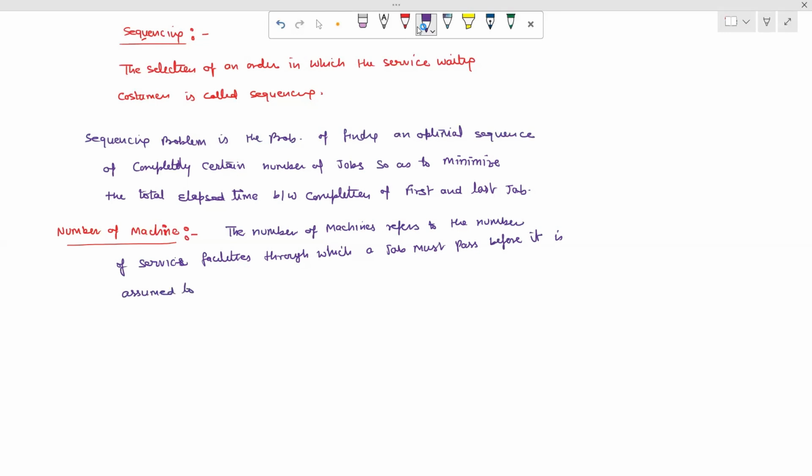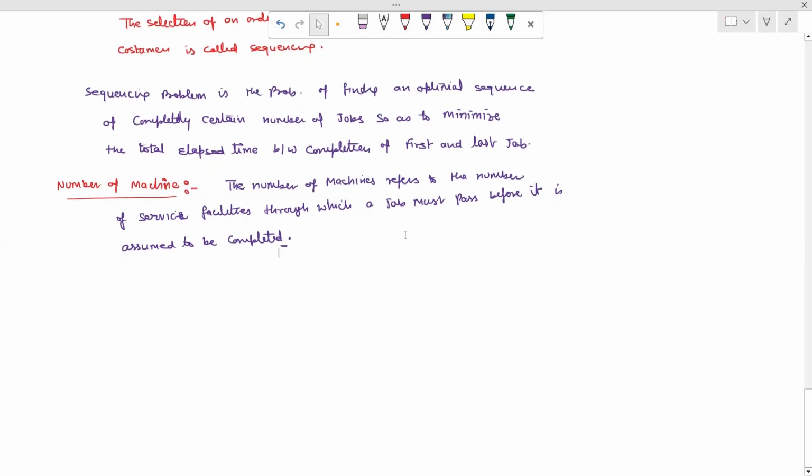So this is the number of machines. How many machines do we use here? Suppose we take the example of one machine for the printing. When our printing is done, then we go for the binding.